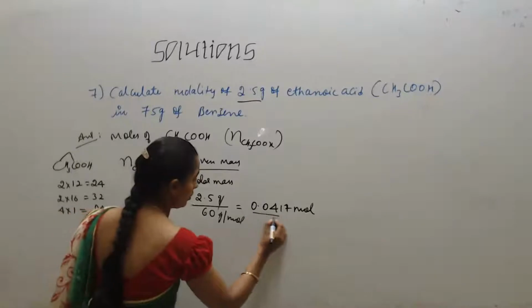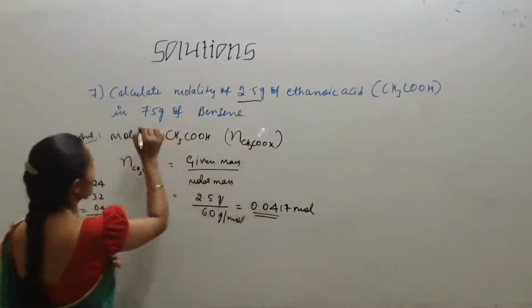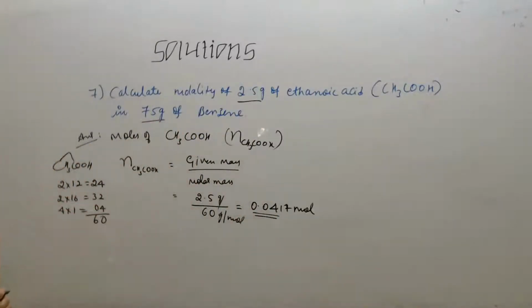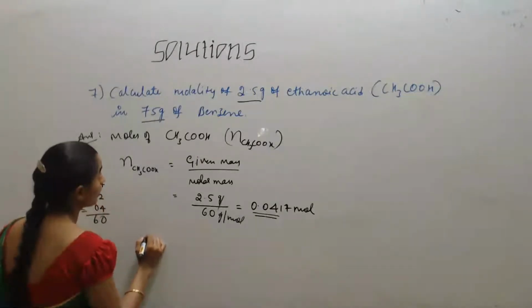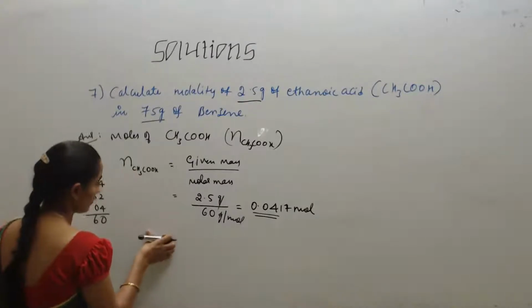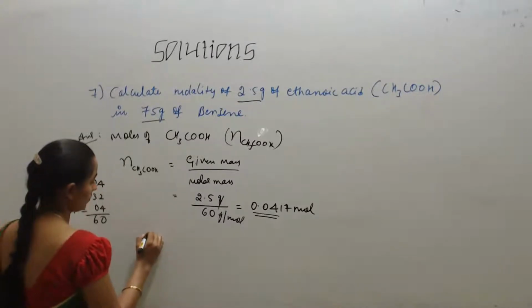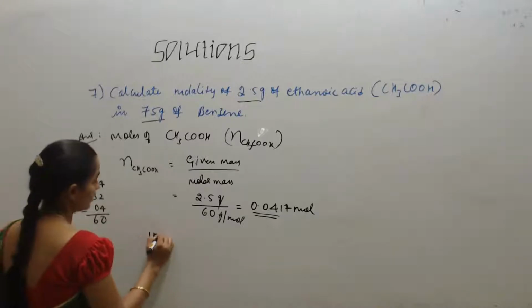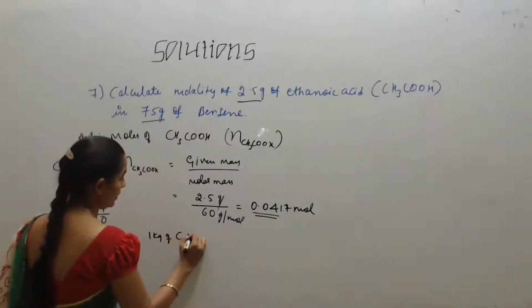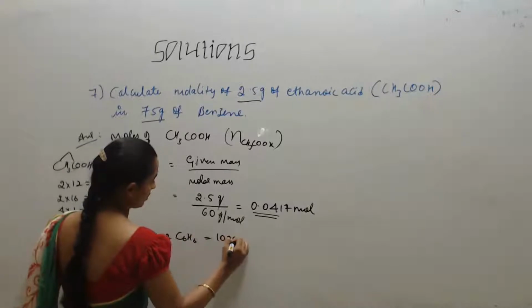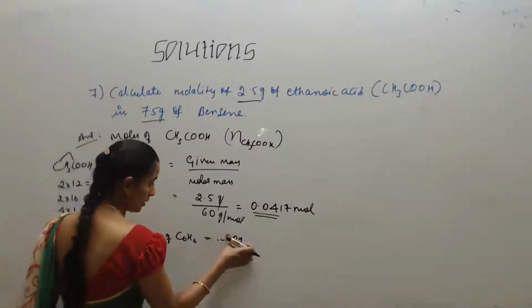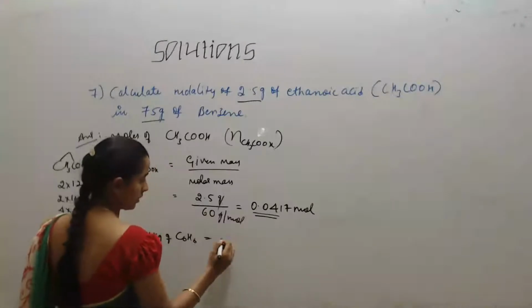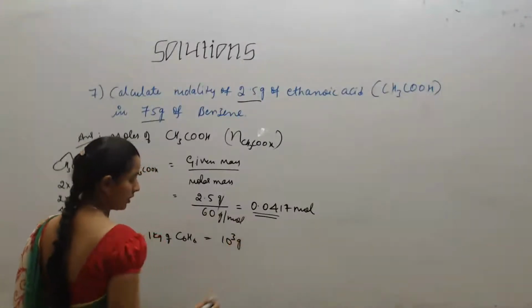Once we got the moles, we have what? 75 gram of benzene. Okay, so listen. 1 kg of benzene is equal to 1000 gram, that is 10 to the power 3 gram.